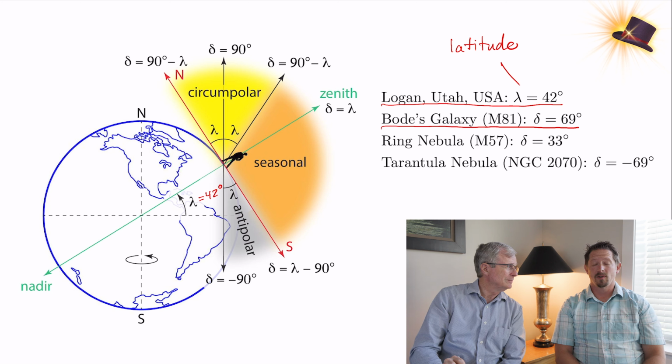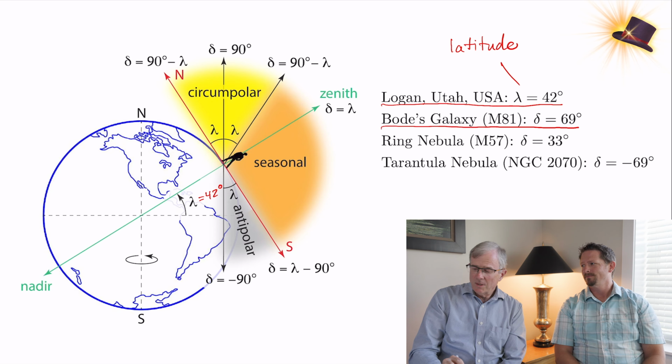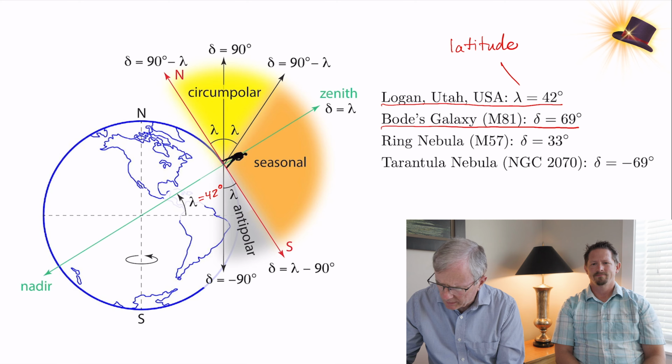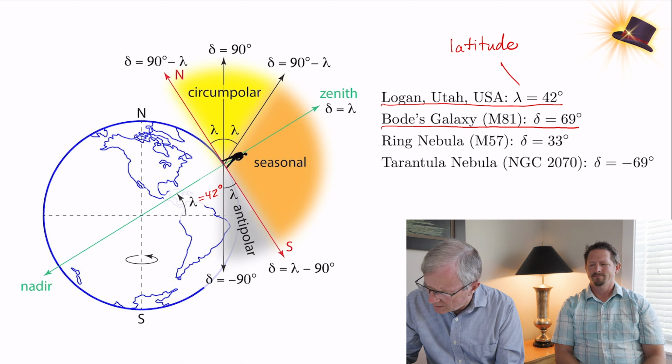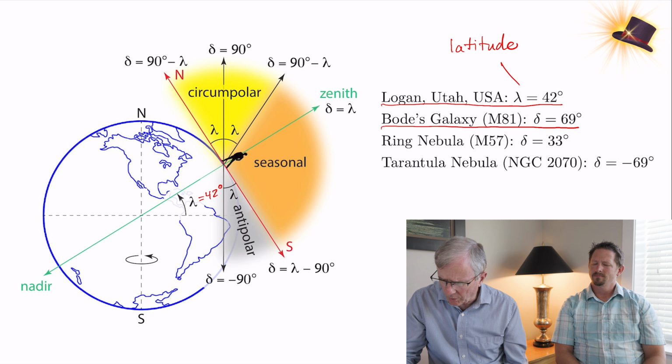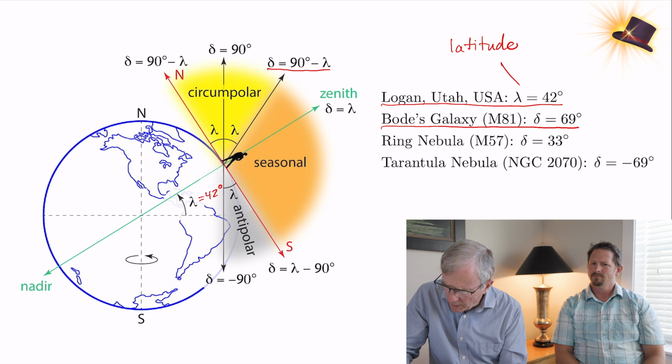Well, since it's above our latitude, it's going to be circumpolar. Your guess is circumpolar, and I think you're right. Let's check. Bode's Galaxy is at a declination of 69 degrees. These dividing lines between seasonal, antipolar, and circumpolar are given by these equations.